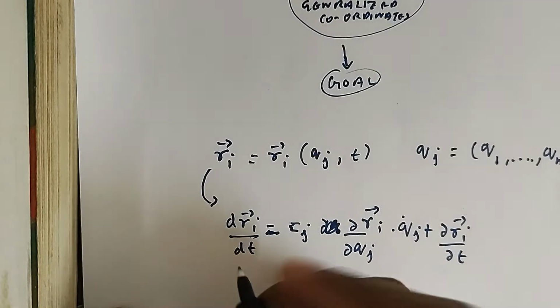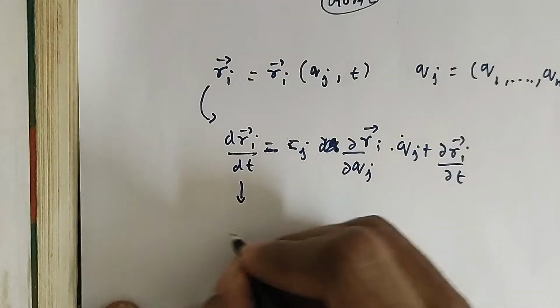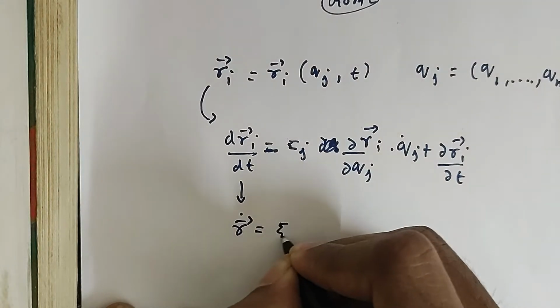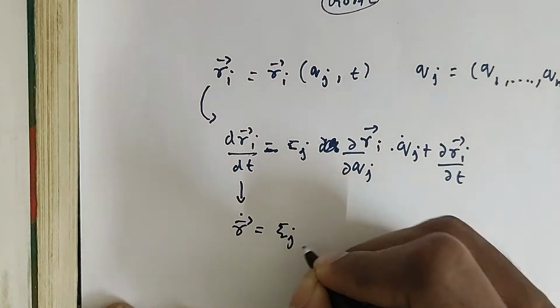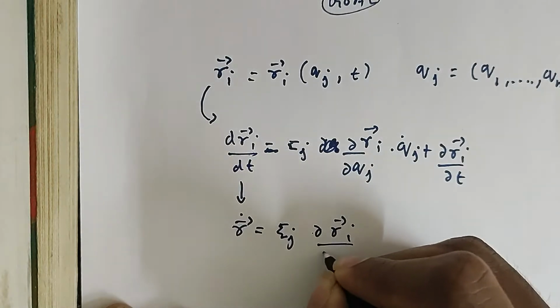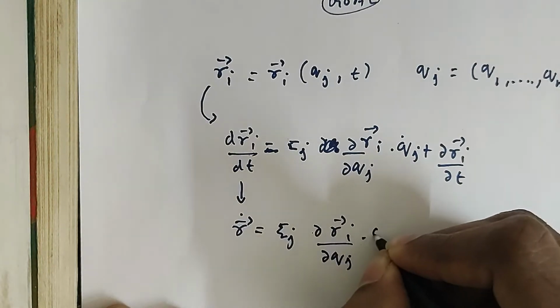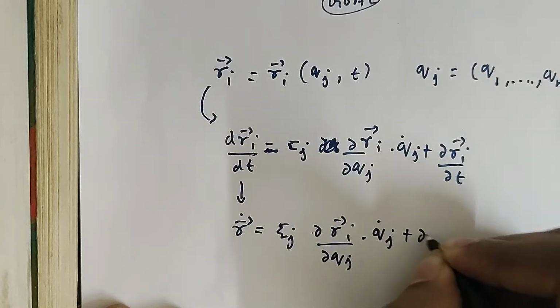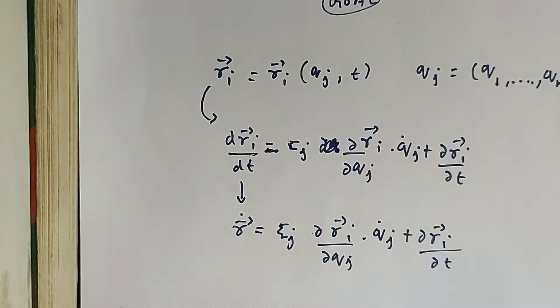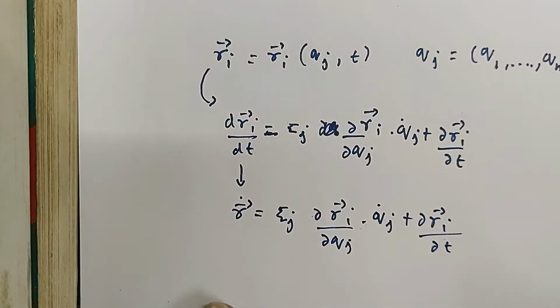Now this is my r dot, this is velocity, summation over j, and I get the following equation. I'm just writing the same equation again, dr_i upon dt. I hope it's not too much.